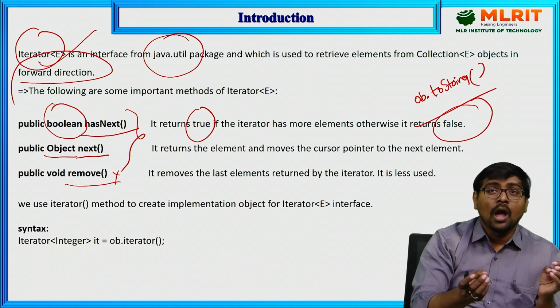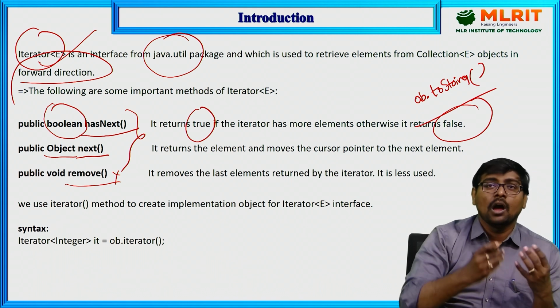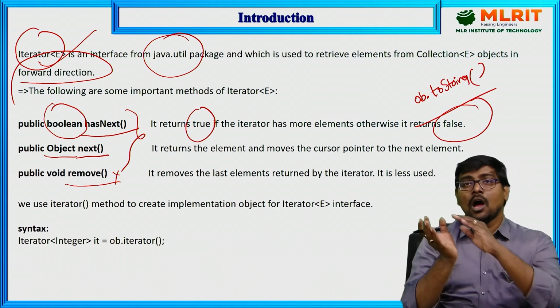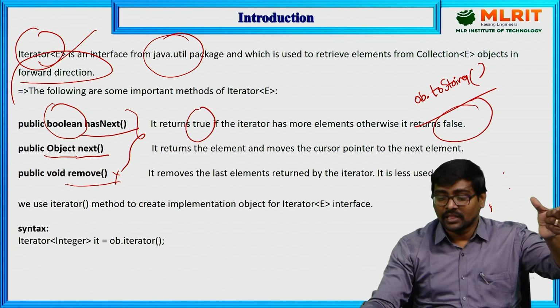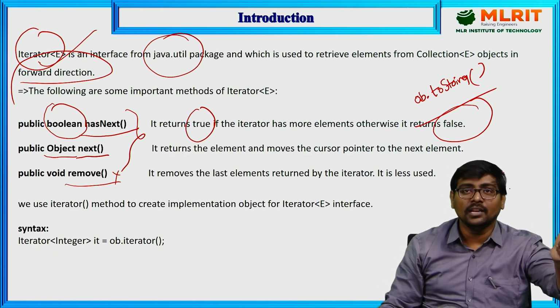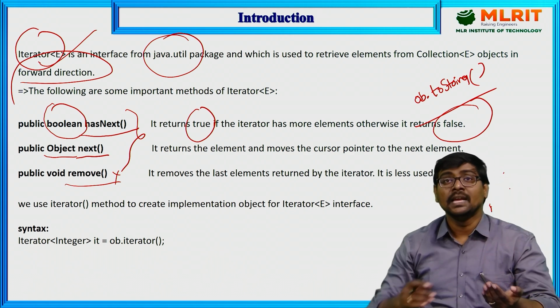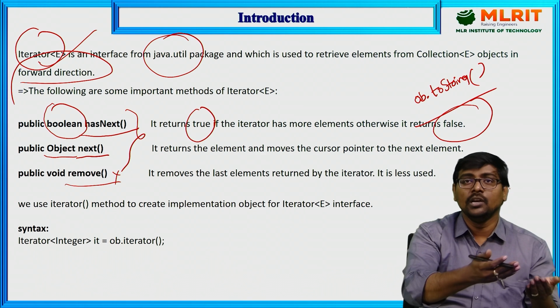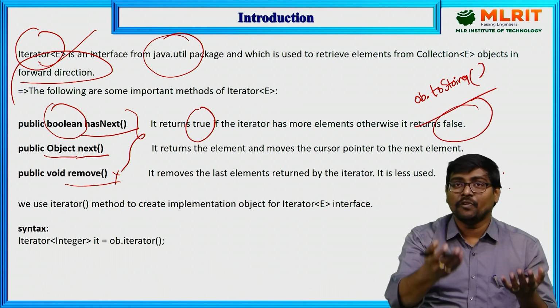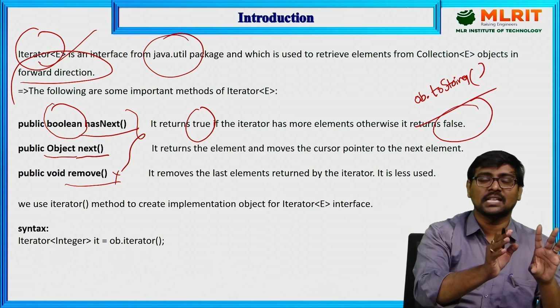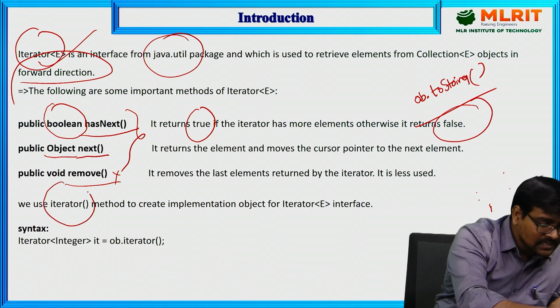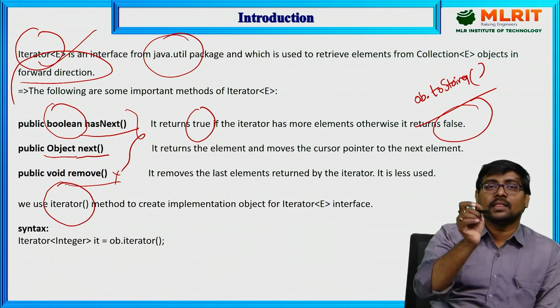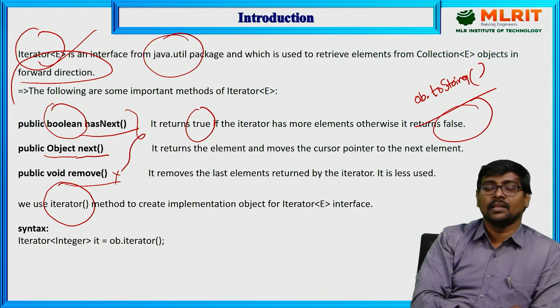Now, how do you get that? How do you create that object? How is the Iterator applied to a Set, a List or a Queue, that means ArrayList, LinkedList, HashSet, Vector, Stack? For that, one method is there. The name of the method is iterator.